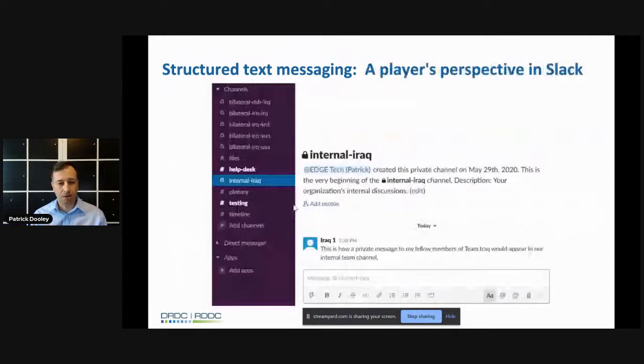So here's an implementation of the game ISIS Crisis in Slack. This is a player's perspective. You can see we have the internal Iraq channel, so this is from the point of view of a player on Team Iraq. Anything they're typing in this thread is going only to members of their team. You can see up here the padlock for other private channels. Team Iraq also has private bilateral discussion channels to all the other factions in the game.